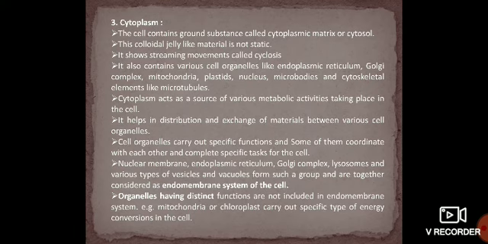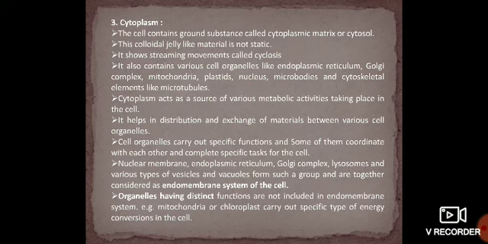It also helps in the exchange of material between various cell organelles present in the cell, and hence we see that there are some cell organelles which work together coordinately and form the endomembrane system of the cell.